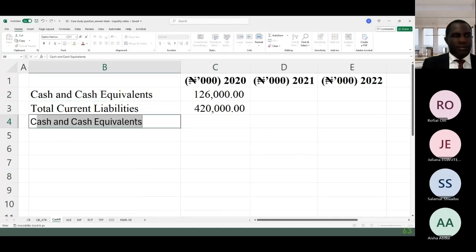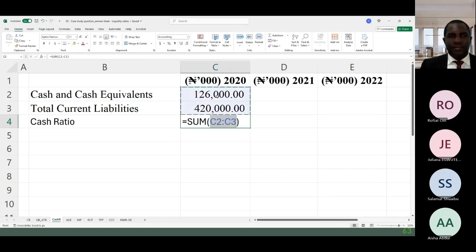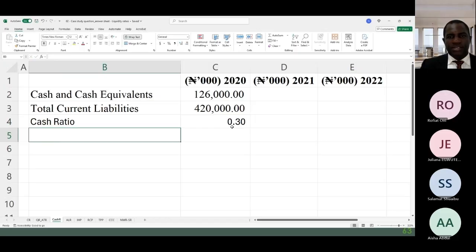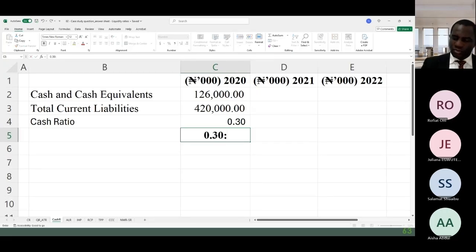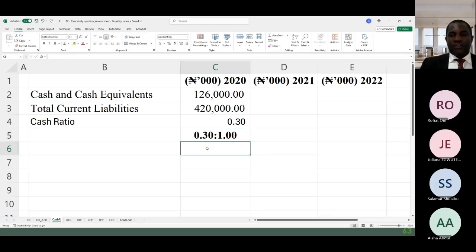So my cash ratio is simply cash and cash equivalents divided by total current liabilities. And we have it as 0.30, not even half, not even up to half. So 0.30 to 1. That's like 1/3 of our current liabilities, which is very low. Okay, CAs, what do we have for 2020 and 2021? Quickly.